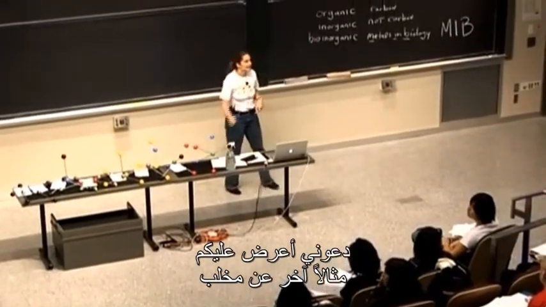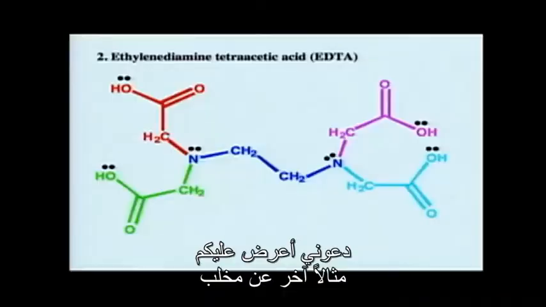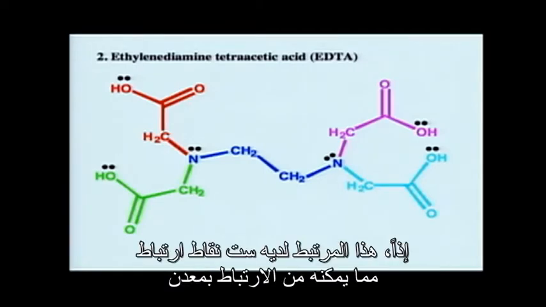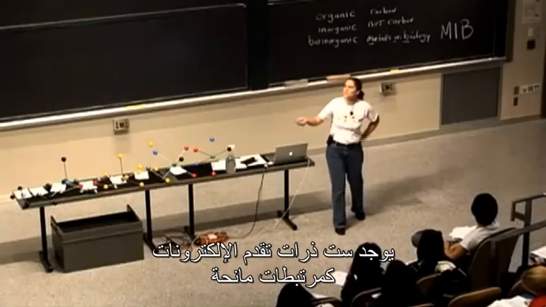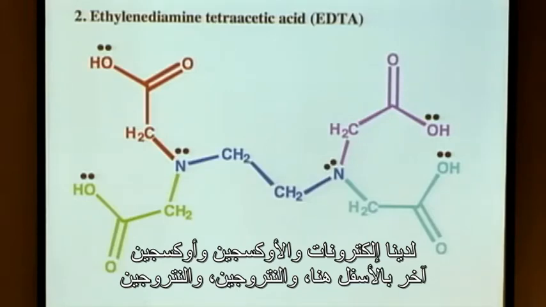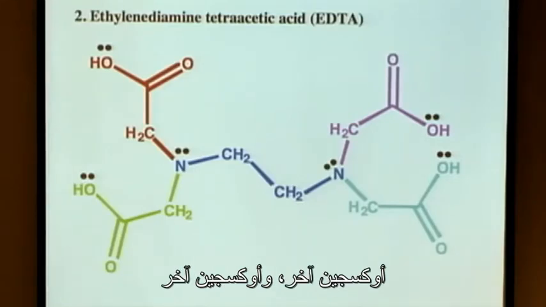So let me give you a second example of a chelate. This molecule is known as EDTA. This ligand has 6 points that it can attach to a metal. So it has 6 atoms that can serve as these donor ligands. We have one up here, the little electrons and the oxygen, another oxygen down here, nitrogen, nitrogen, another oxygen, another oxygen.